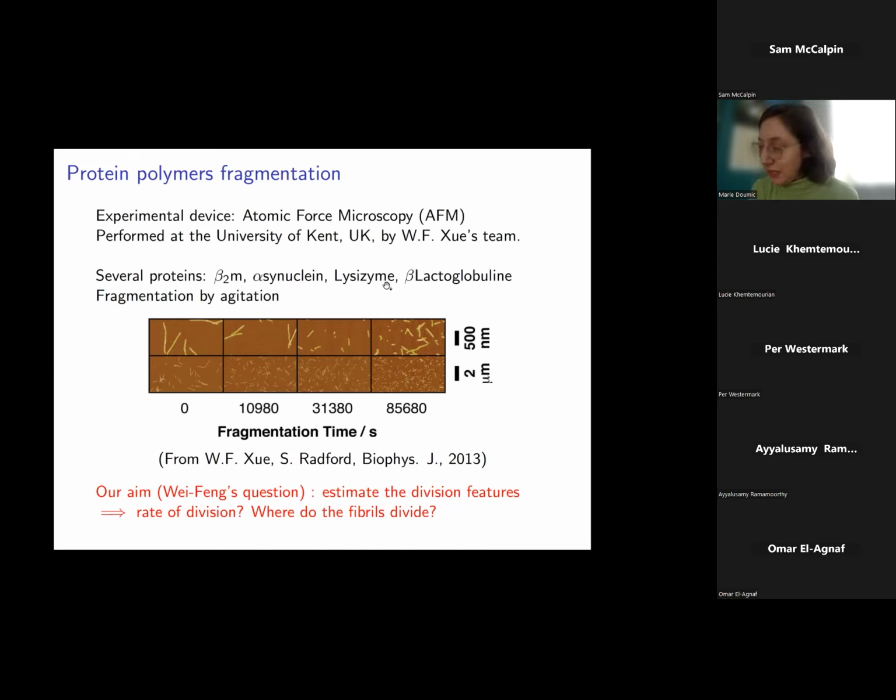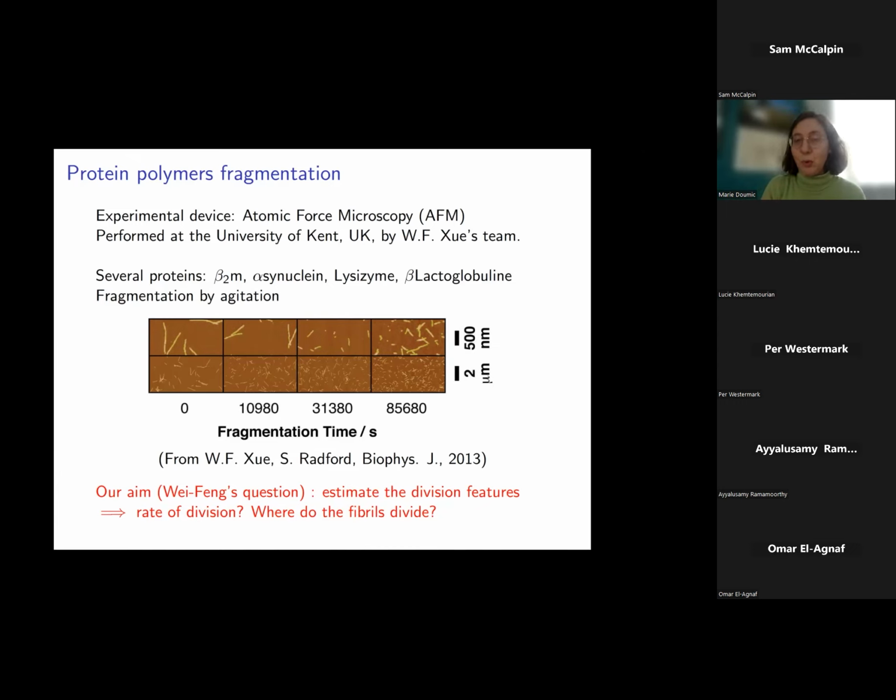And the question is, what are the characteristics of this fragmentation? This may be very important to understand, for instance, the pathological abilities of each type of amyloid. How, from such an experiment, is it possible to estimate where the fibrils break down?